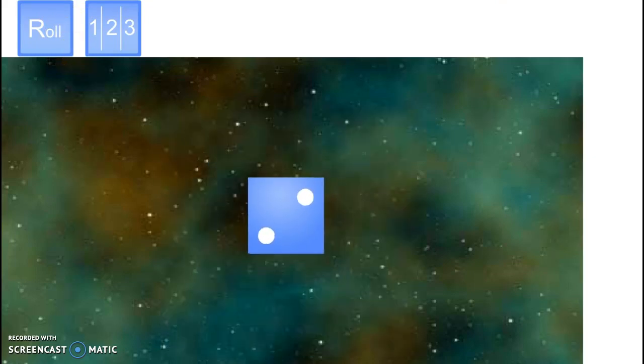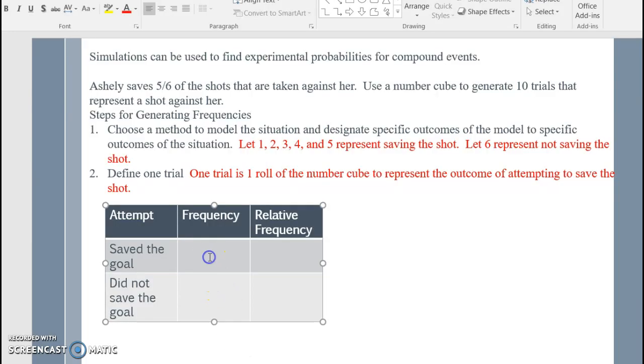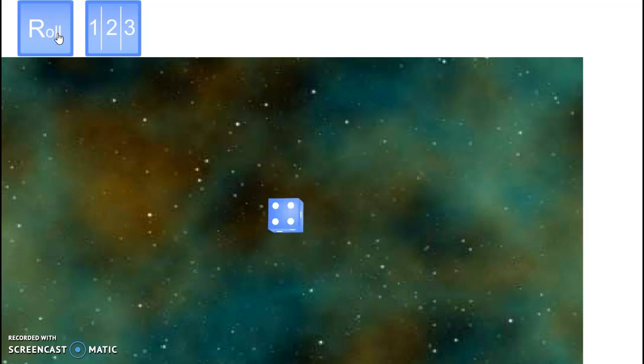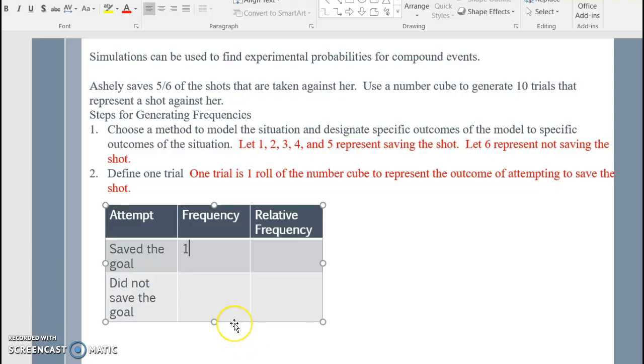We got a 2. So for our 2, we saved the goal. I'm just going to keep track here. Okay, we'll roll again. We got a 3, so we saved. So now we have 2 of them.